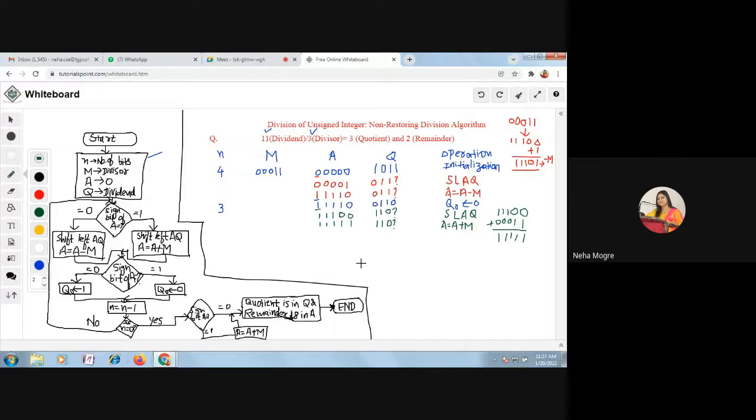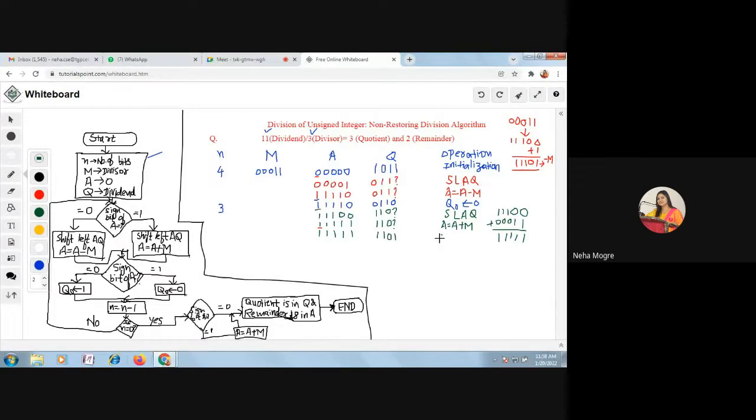Done. Now again check the sign bit of A. What is the sign bit of A? 1. Right? So if the sign bit of A is 1, what do we have to do? Replace the value of Q0 with 0. Right? So what we are doing? 1 1 1 1 1, here 1 1 0 1.